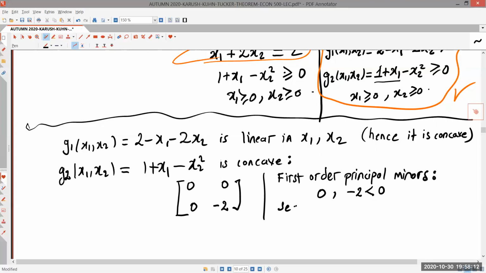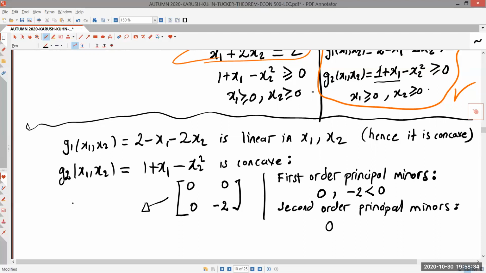And if I look at the second order principal minors, there I have just 0.